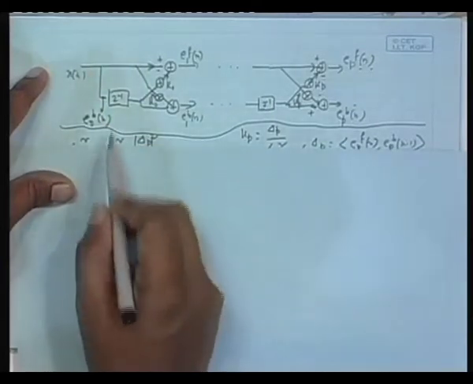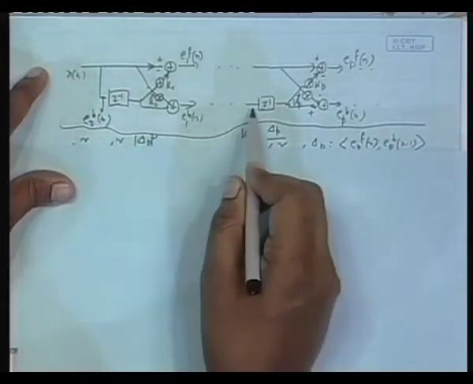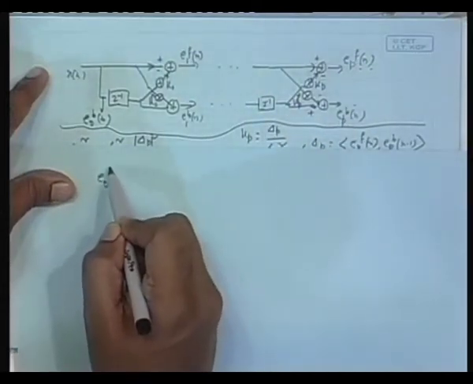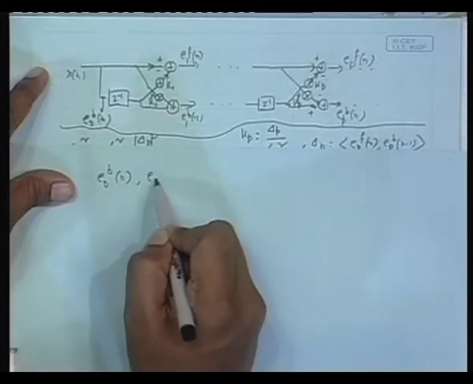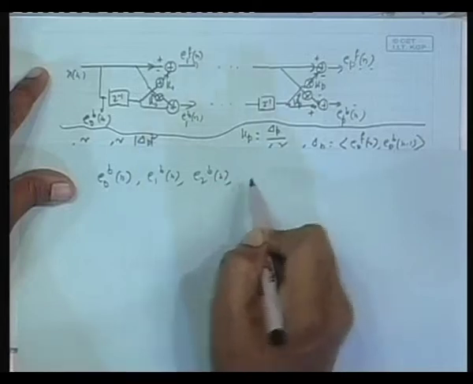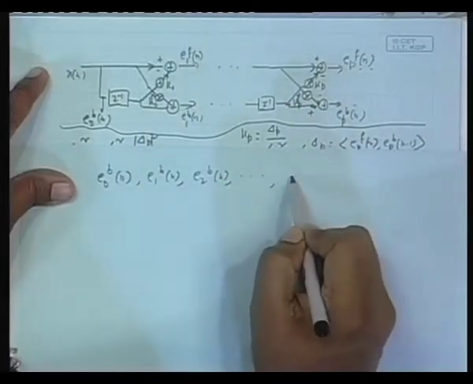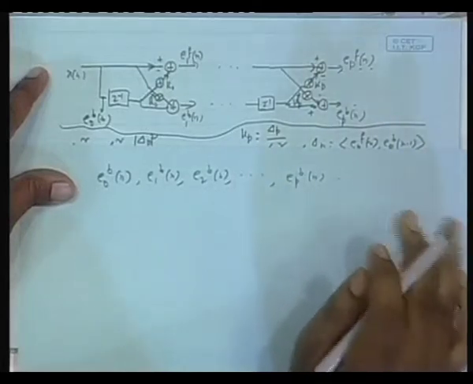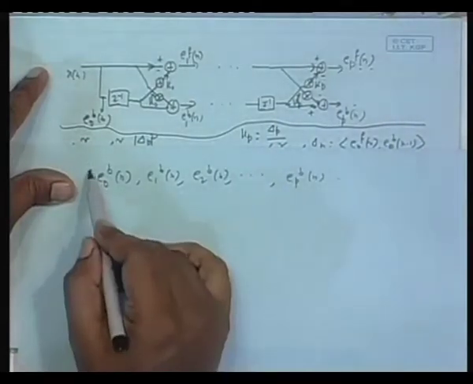Suppose I consider this sequence E0 Bn, E1 Bn, E2 Bn up to EP Bn, say. It could have gone on with dot dot dot, but suppose I stop here.